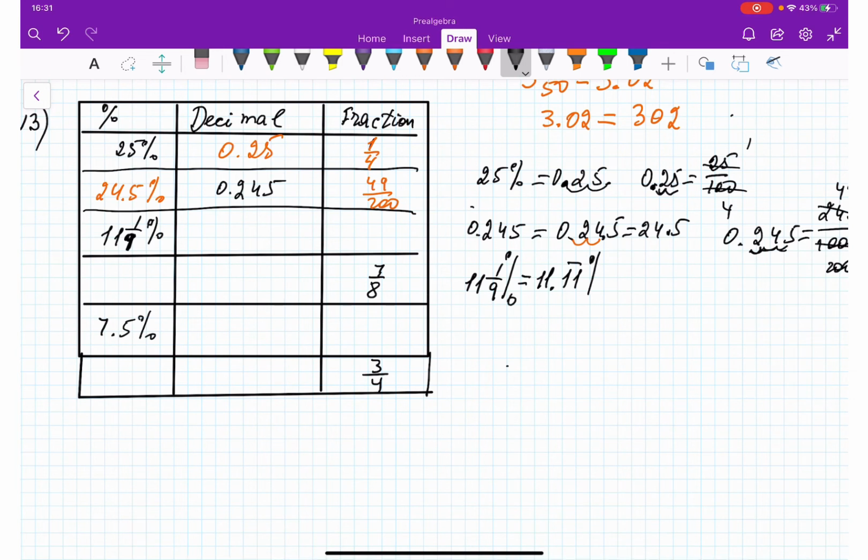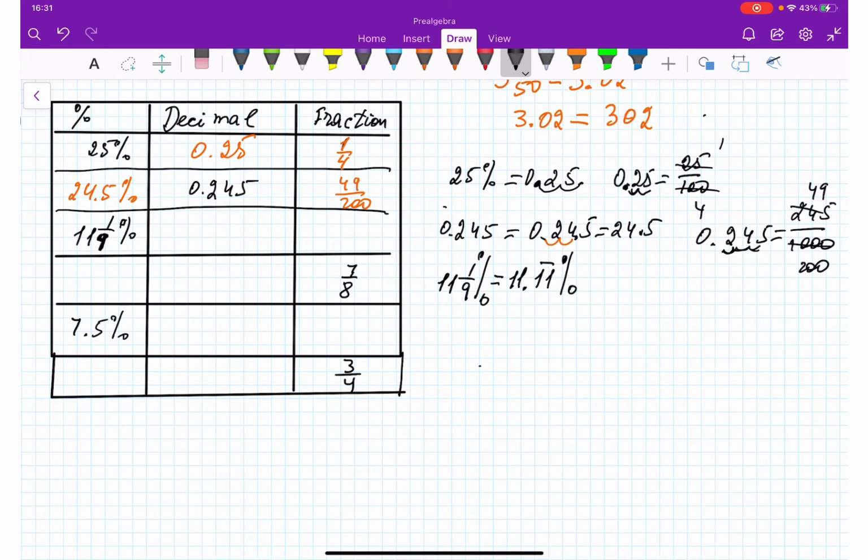Which means this is also a percentage because I haven't converted. All I did was represent the mixed fraction in the format of decimal notation, right? Now, since this is percentage, now I need to convert into decimal notation. To convert to decimal notation, I have to divide by 100, which means it's going to be 11.1111, moving by 2 positions, 0, 0, right? And I'm getting 0.1111, which is equal to 0.11.